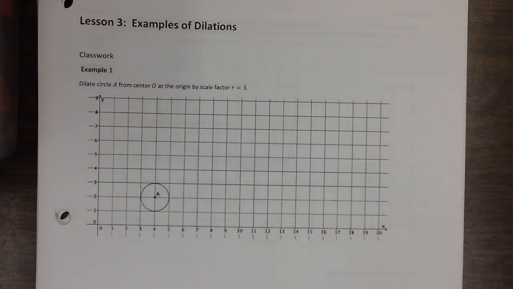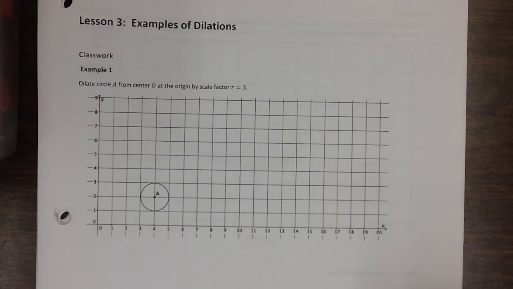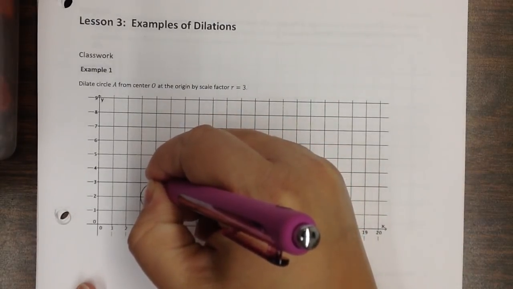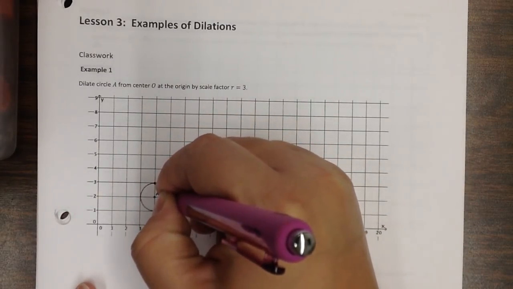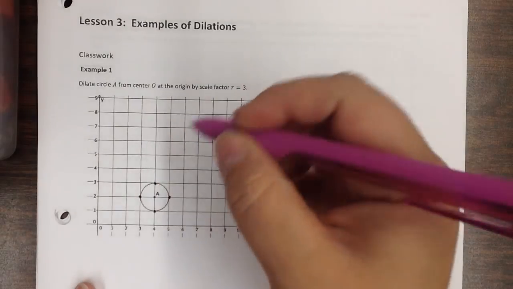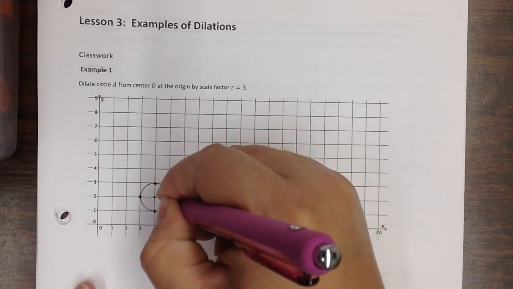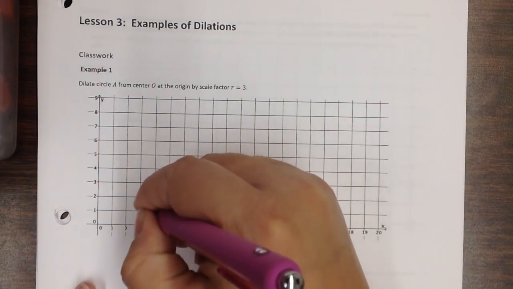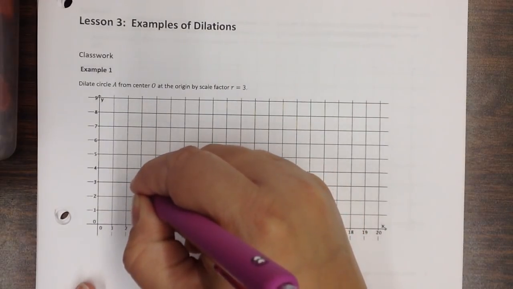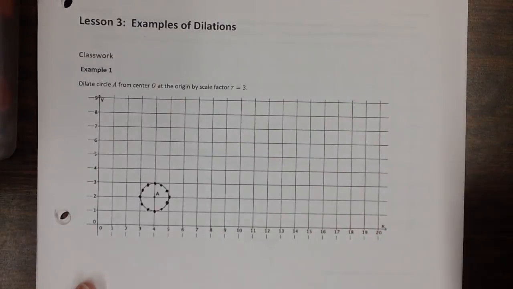Okay, so what I do first is, you have 1 point in the middle, A, and I would put points around it, at the top and the bottom and the right and the left. And then I would put 2 in between each of those points, just like that.